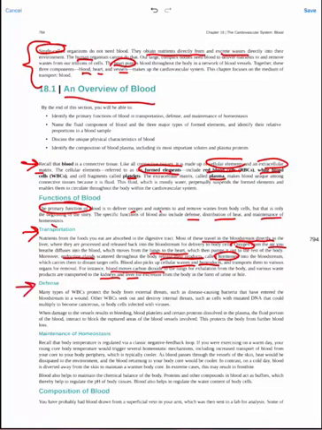Another function of blood is defense. So many types of white blood cells, that's the WBC there, white blood cells, protect the body from external threats, such as disease-causing bacteria. So when we get a cut, we have a whole situation that happens there that we'll talk very specifically about. And one of the things that happens is we have our white blood cells, and they travel through the blood and then work their way through other tissues.